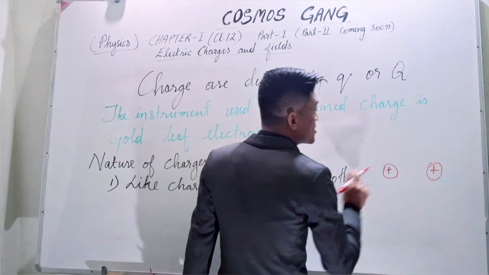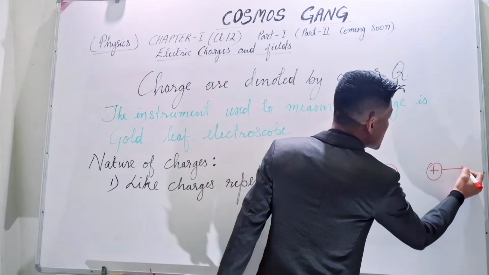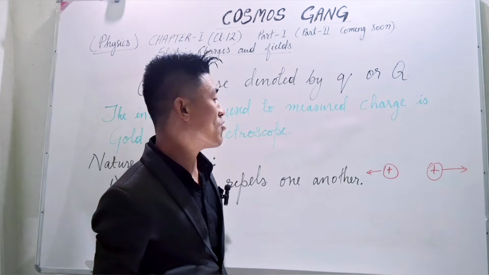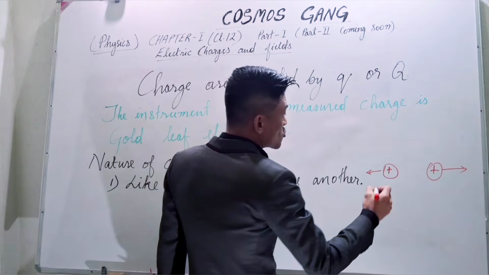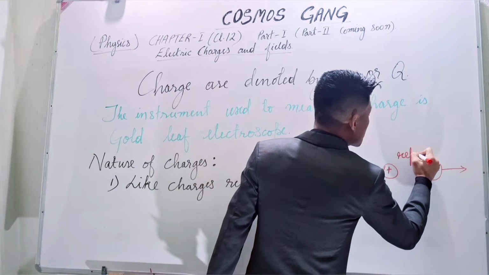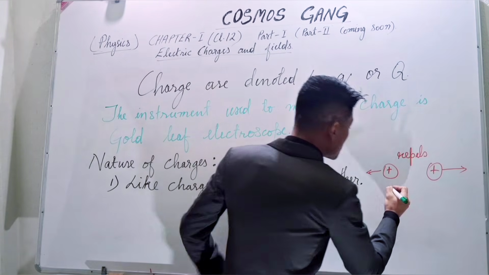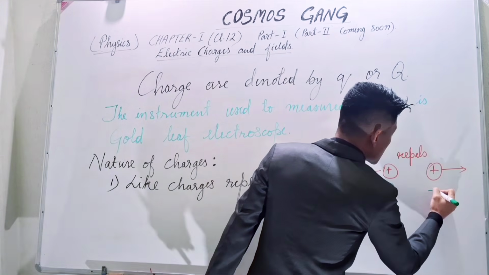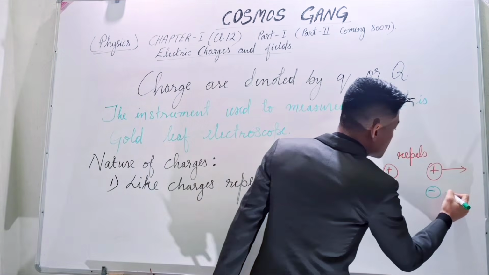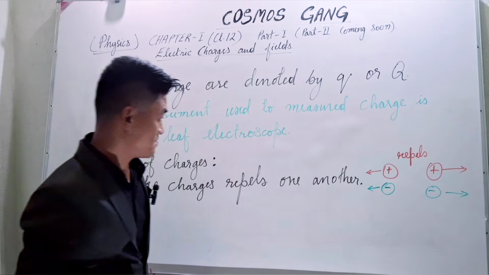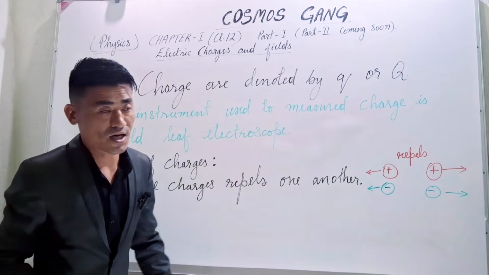A force will be acting between them, and the force is going to be a repulsive force. They will push one another away from one another. So, like charges repulse one another. Similarly, if you take a negative charge and another negative charge, they will repel one another. So this is the meaning of like charges repulse one another.